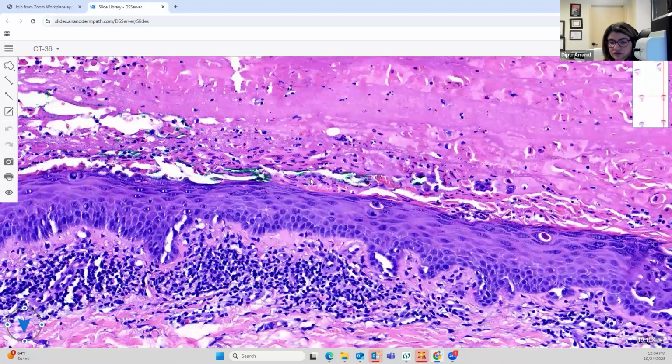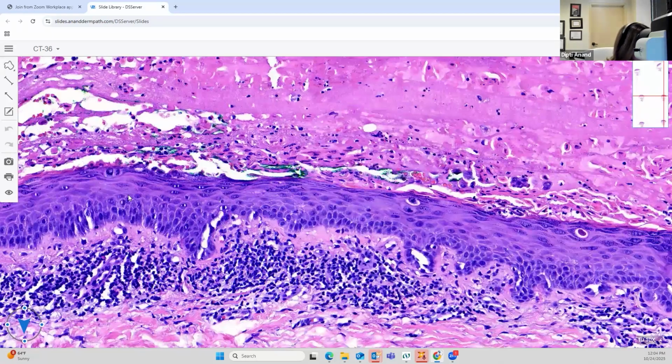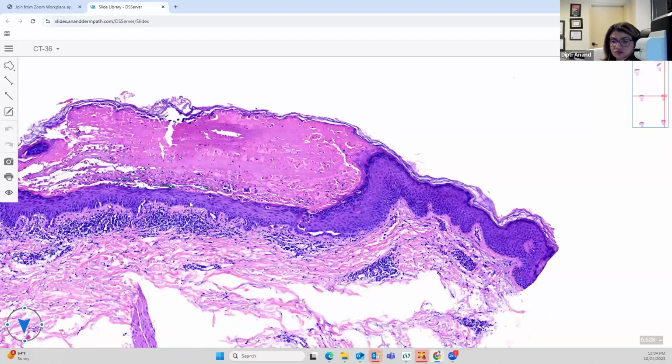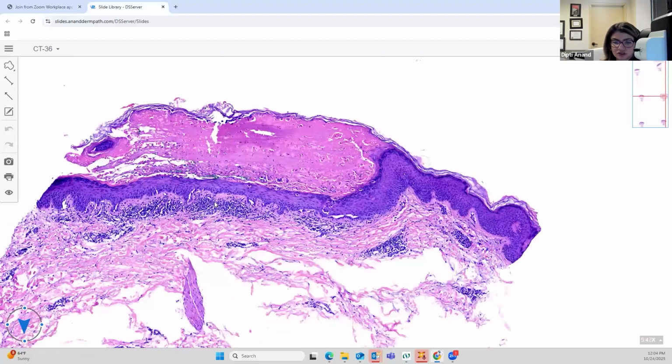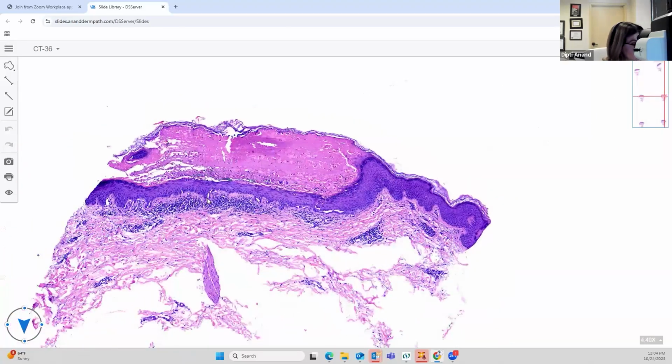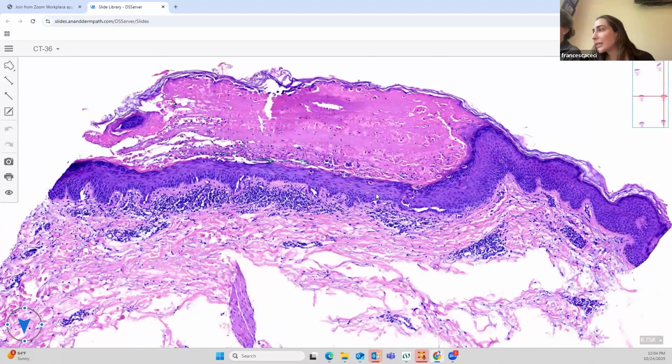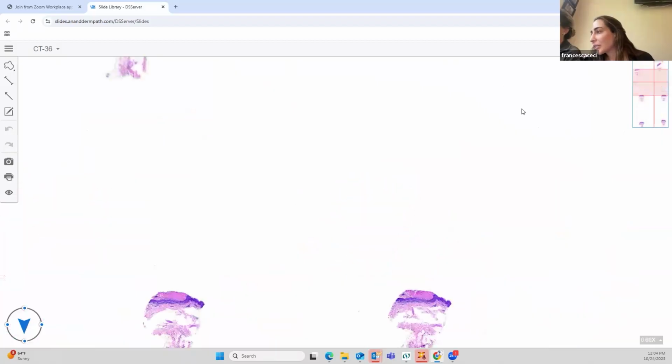So what disease process are we referring to? The best clinical scenario. So what disease are we referring to here? What are the answer choices?